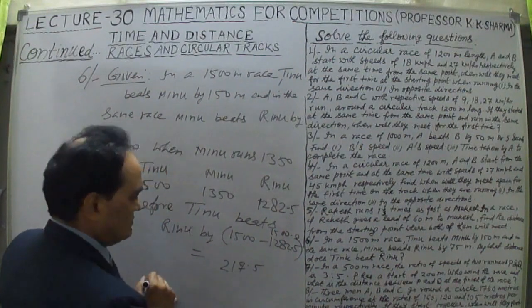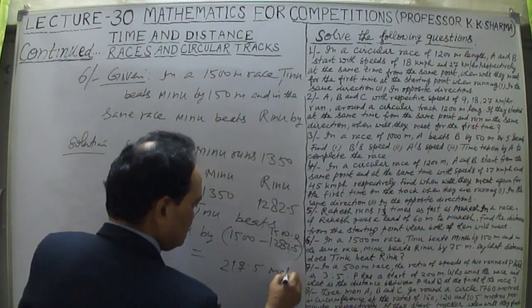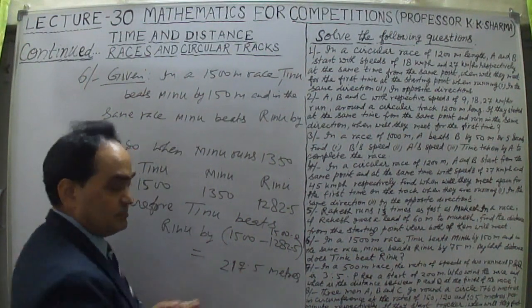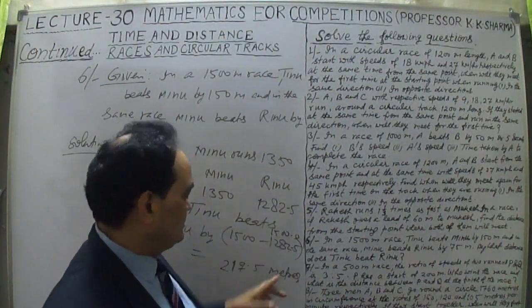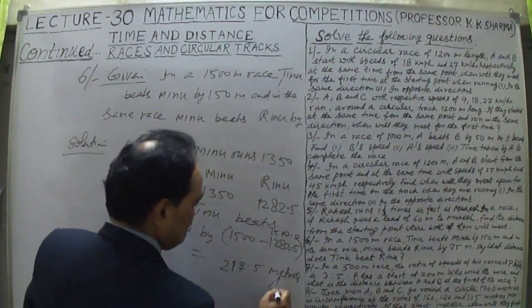Only 217.5 meters. So this is the answer here, 217.5 meters. So Reenu is beaten by 217.5 meters. This is the answer.